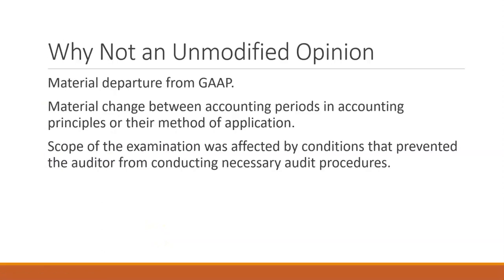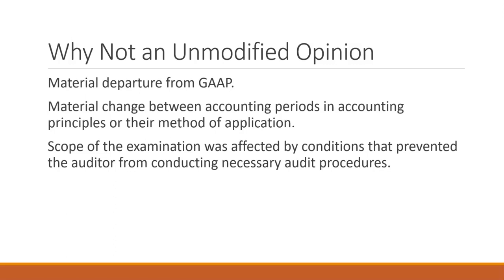Okay, reasons that an organization would not get an unmodified opinion would be like there was a material departure from GAAP, so they were not following generally accepted accounting principles. There was a material change between accounting periods in the method of application. So in one year they used one rule or method of application, and they significantly changed that without disclosing it.